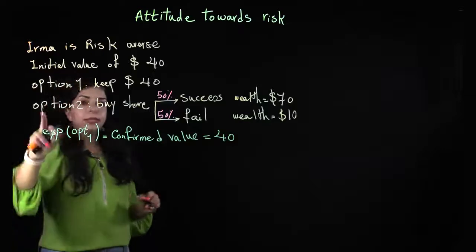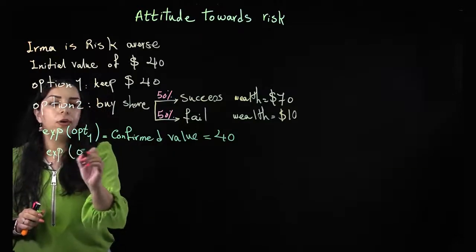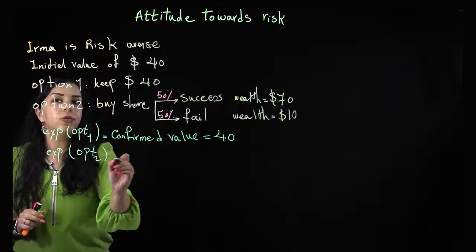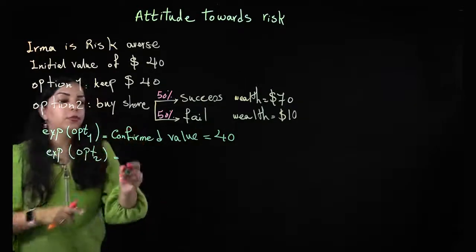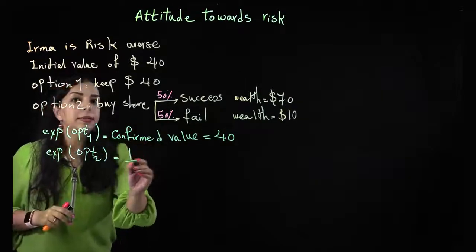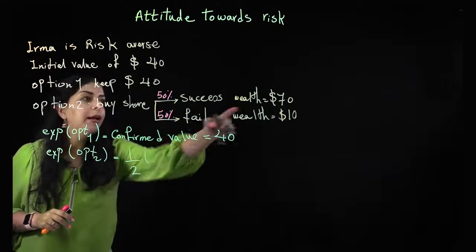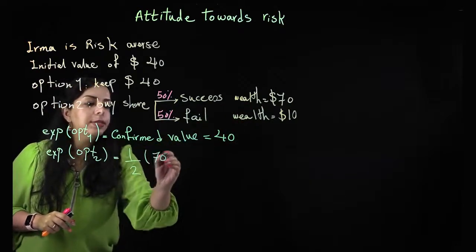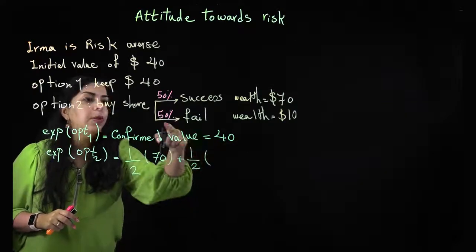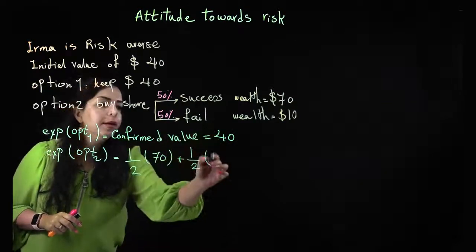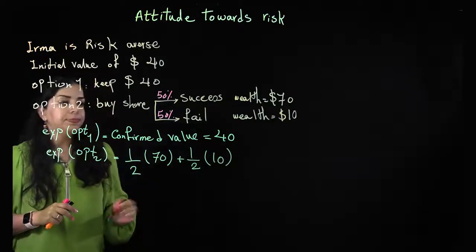How about the second option? The expected value of option 2 is equal to, we have to calculate the expected value. It means the probability multiplied by the value of 70 units of wealth, plus the probability multiplied by the value of a failure, which means the wealth will drop to 10 units.